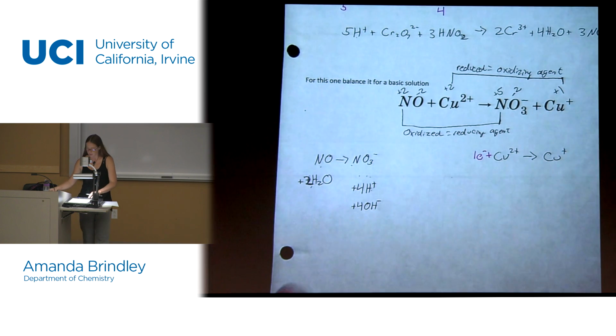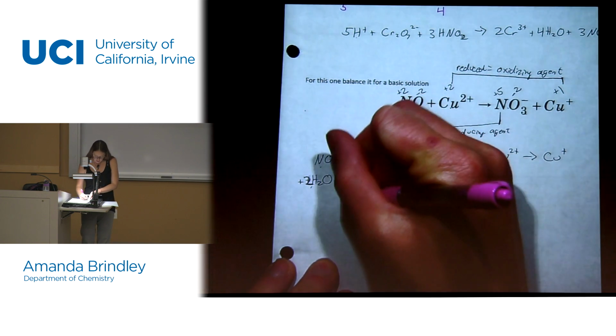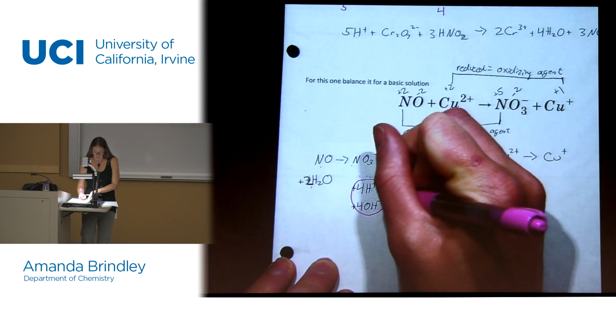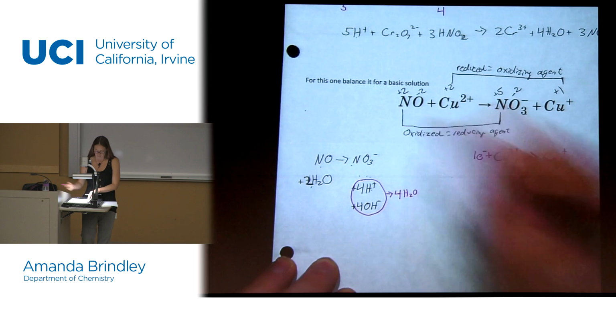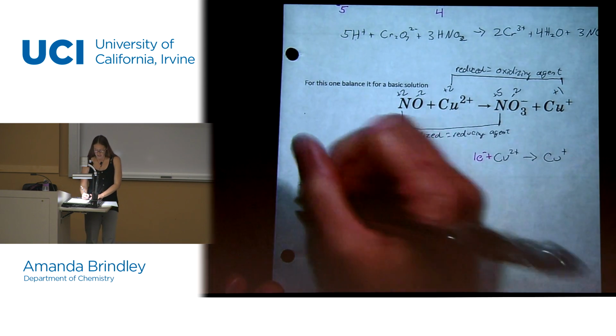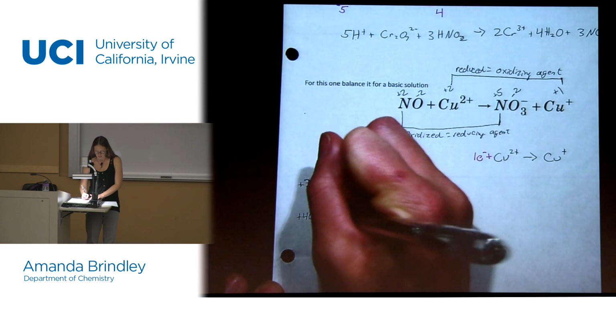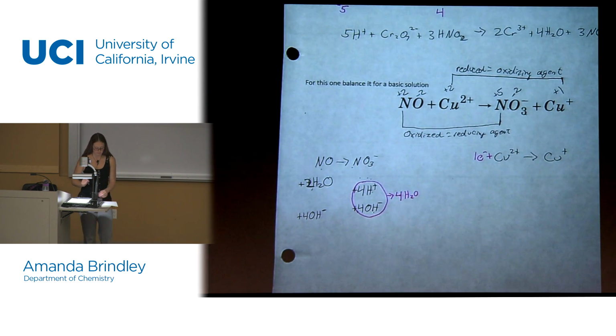Because if I have 4 H pluses and 4 OH minuses, what does that turn into? 4 H2Os. Now, if I add 4 hydroxides to this side, I have to add it to this side, otherwise my balancing is going to get all messed up. So you add it to both sides. And then do a rewrite.